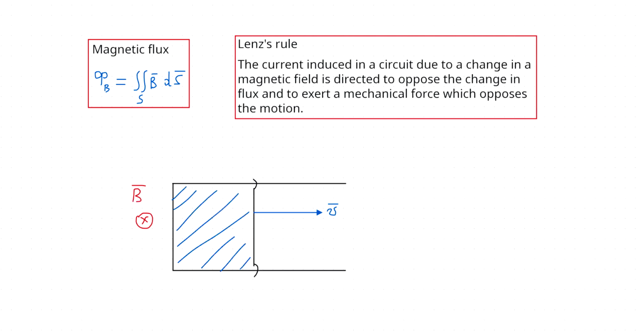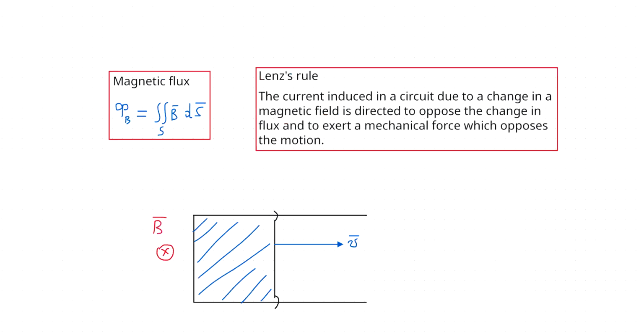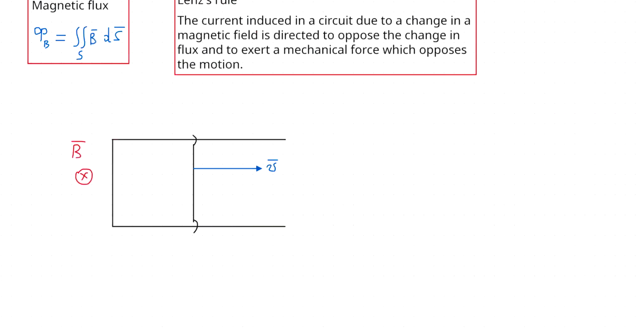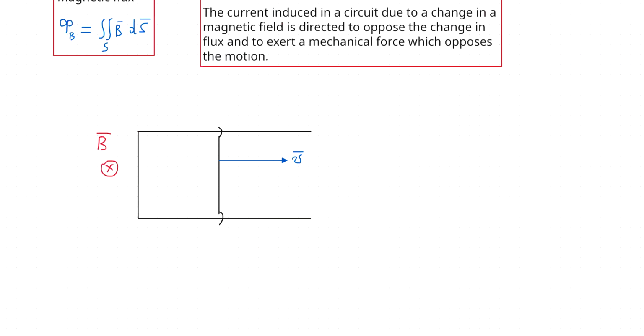This area will change in time, and it means that magnetic flux will change. But as we know, change in magnetic flux will produce an induction current. And so the question is how to connect induction current with change in magnetic flux.